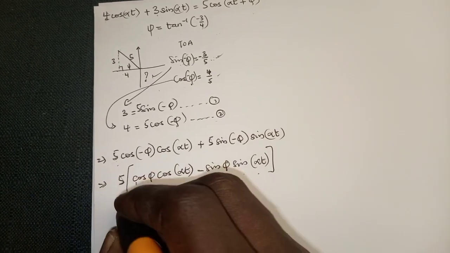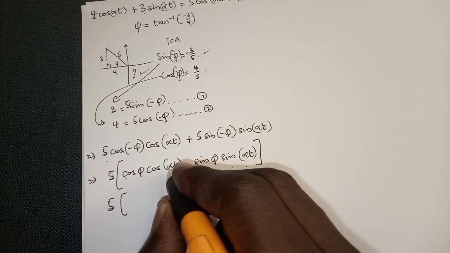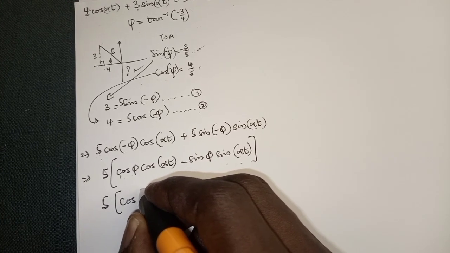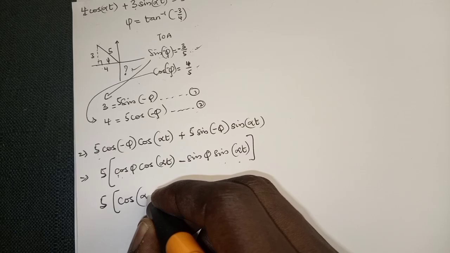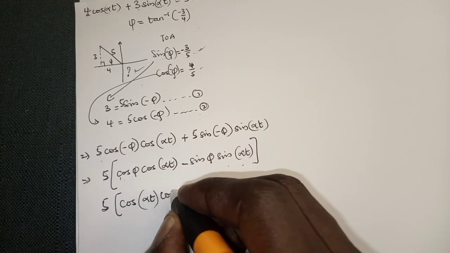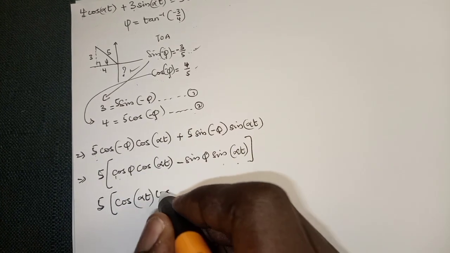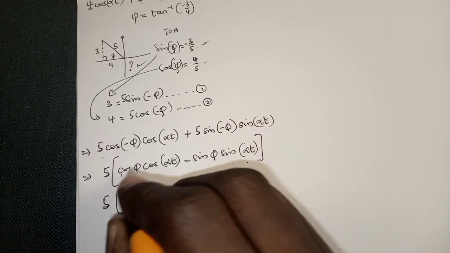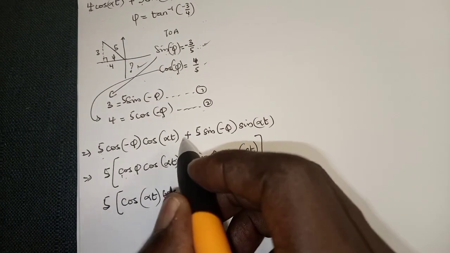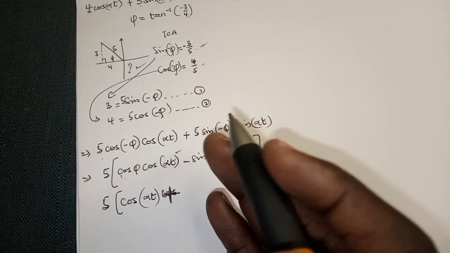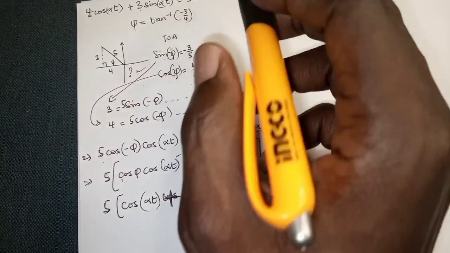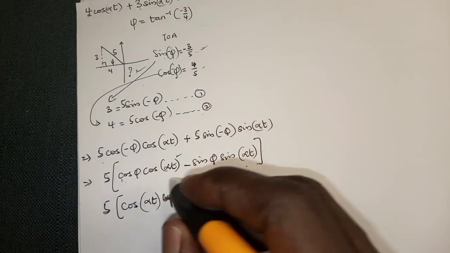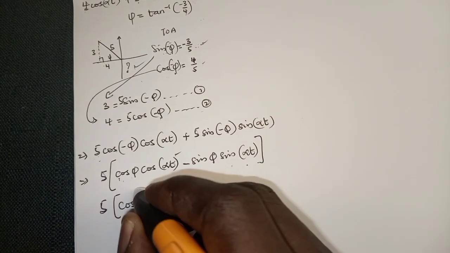So we have 5 bracket open, since it's cos and sine here, cos of alpha t plus the other angle phi, all in brackets.